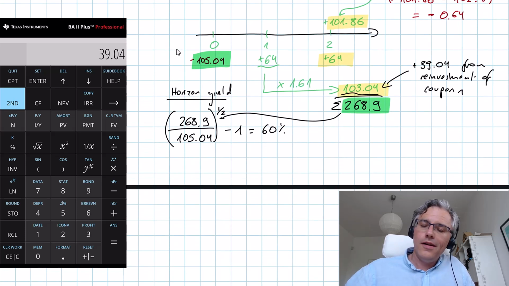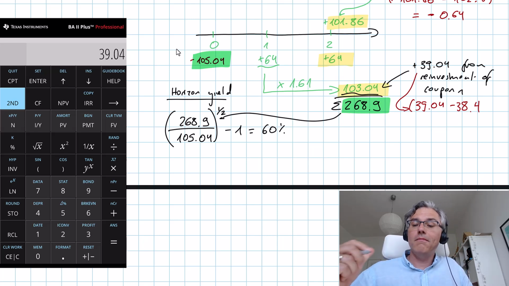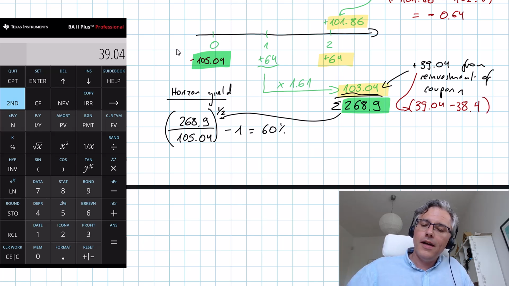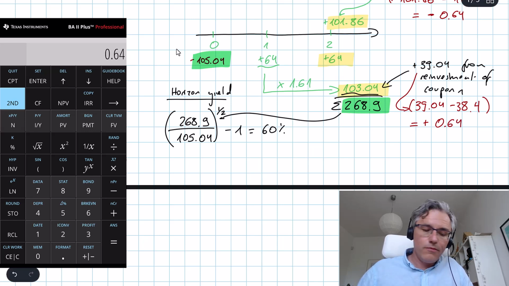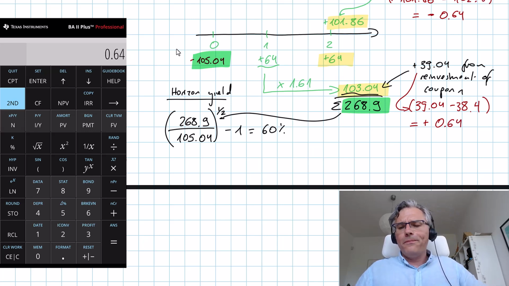So 39.04, which we get over here, minus 38.4, which was the case before, gives an extra gain of 0.64, this time positive.